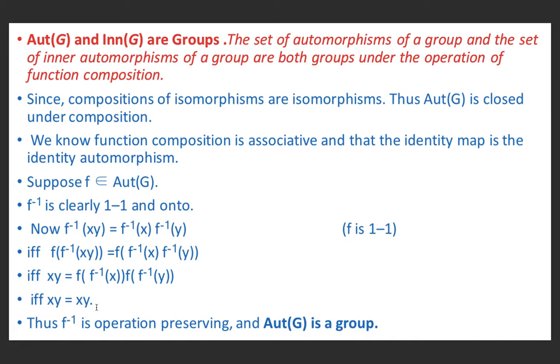So xy is equal to xy. Thus F inverse is operation preserving and Aut(G) is a group, because all the properties of a group are satisfied.